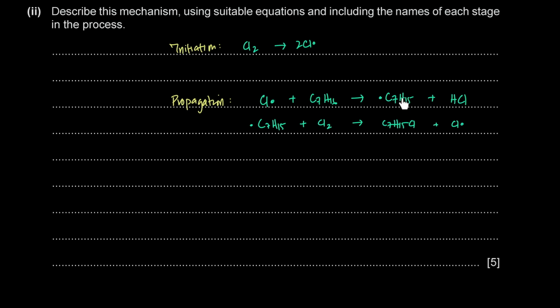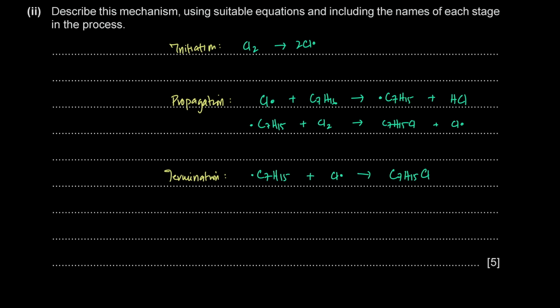Now this C7H15 radical can also react with other radicals at the same time. So it can react with other chlorine molecules, and it can also react with other radicals. That stage is referred to as termination, when two radicals react with each other to form a molecule. In the termination stage, the C7H15 radical can react with a chlorine radical to form C7H15Cl.